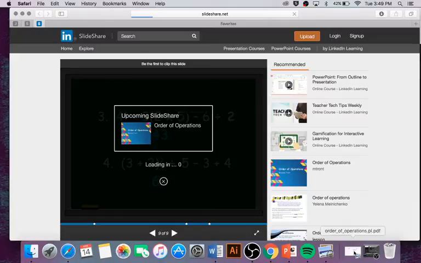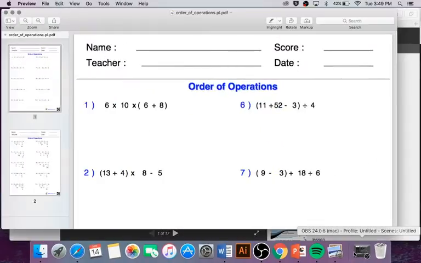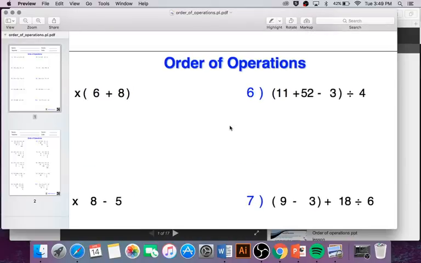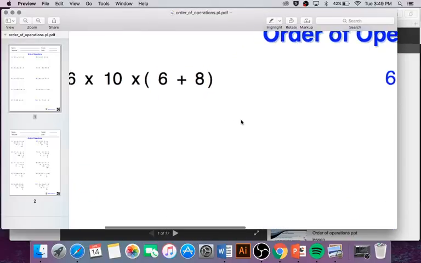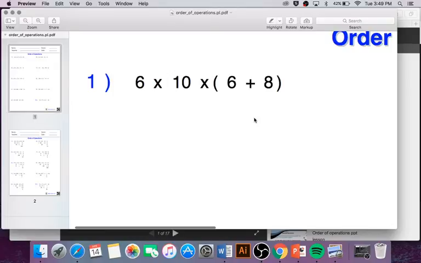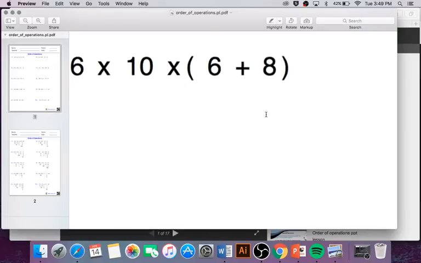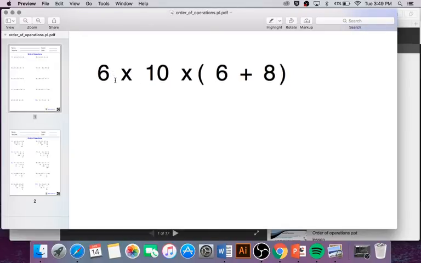So I want to go over some example problems with you. Okay. Over here we have 6 times 10 times 6 plus 8 in parentheses.